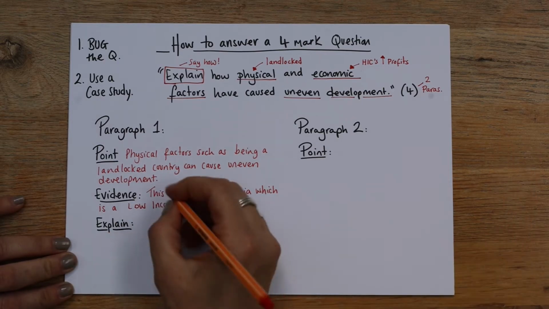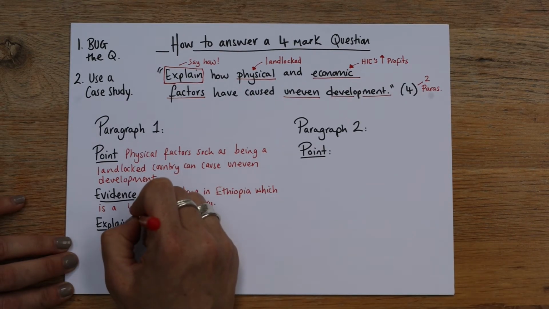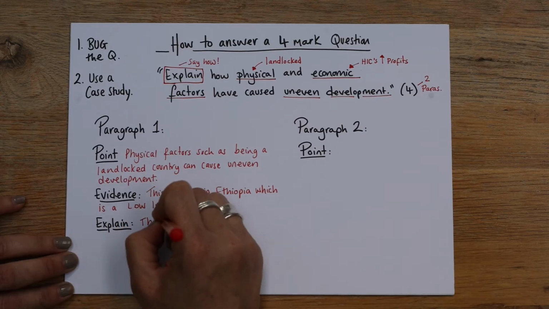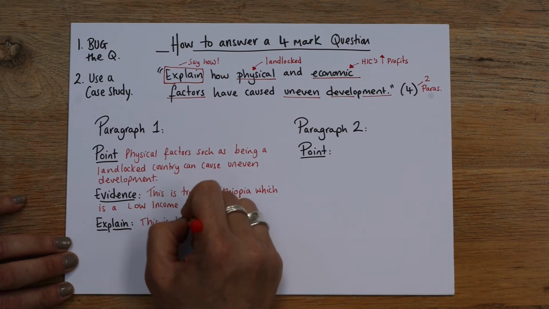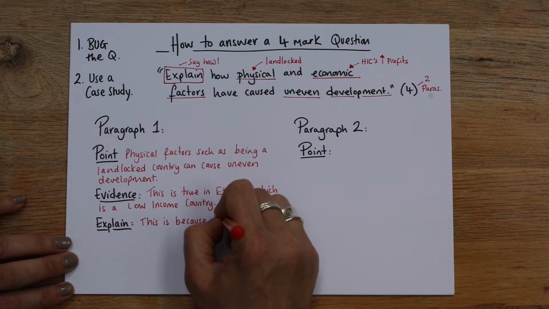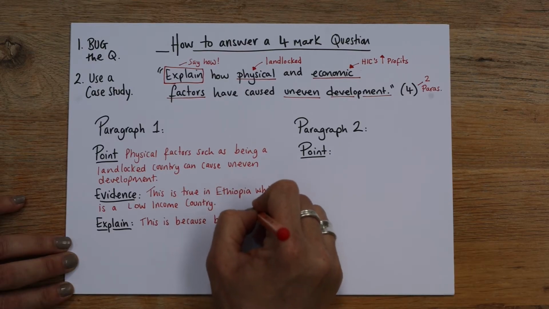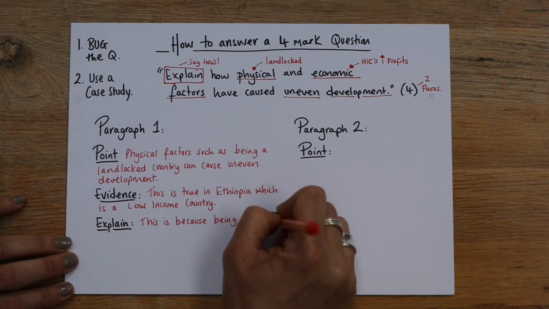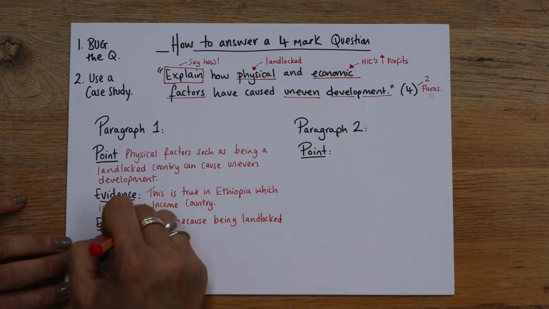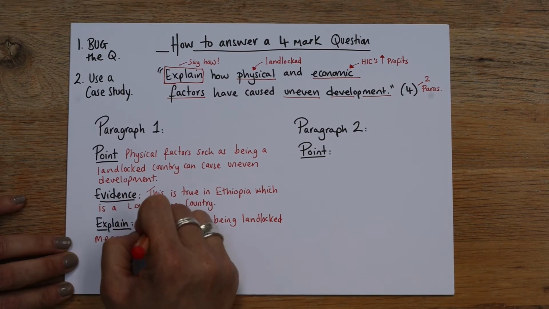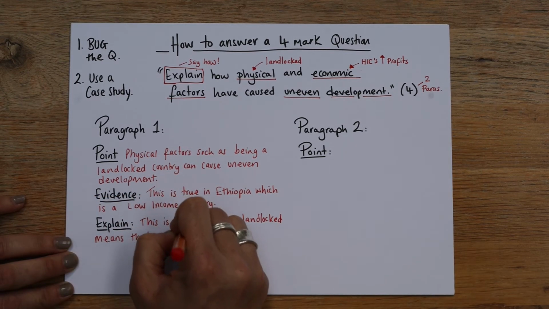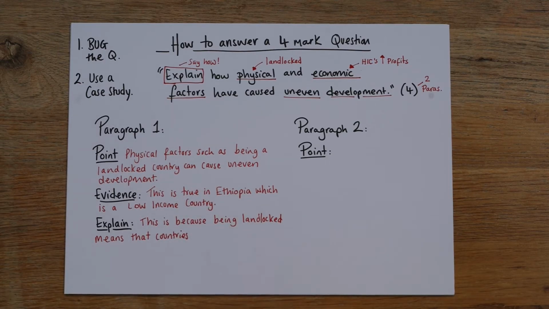Okay, so we need to say this is because being landlocked means that countries, and by the way, most of the world's low-income countries are landlocked.